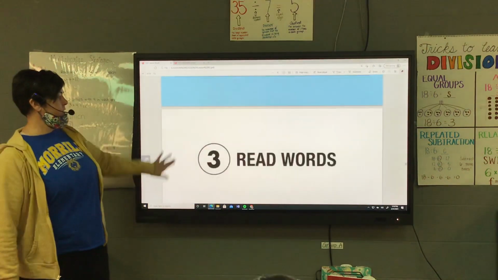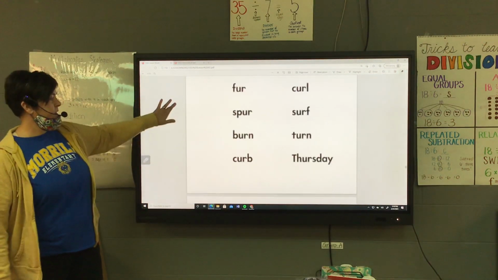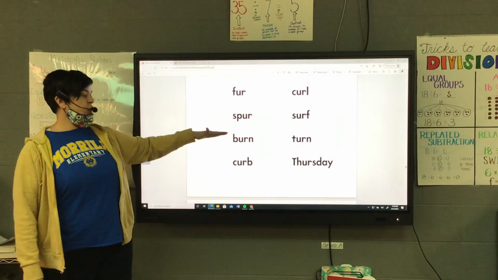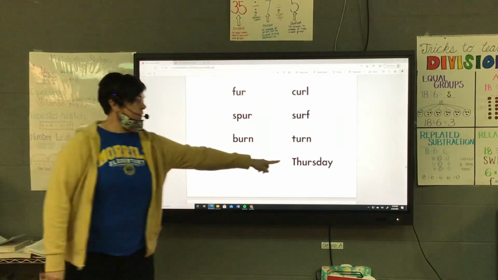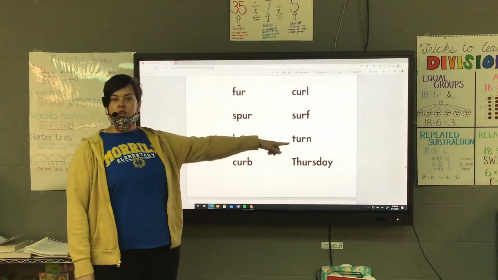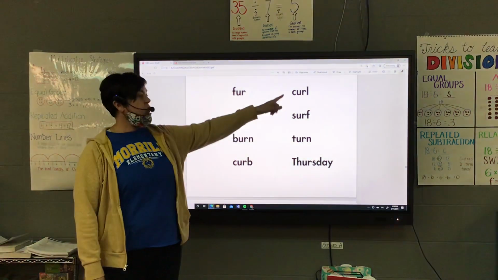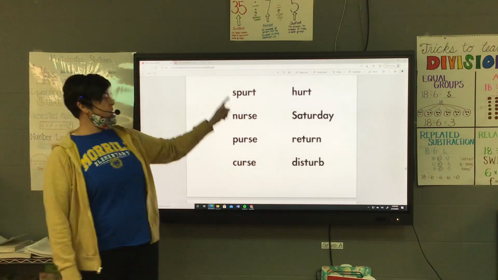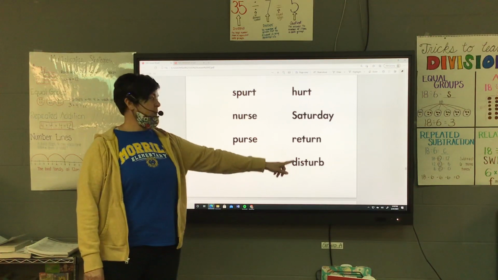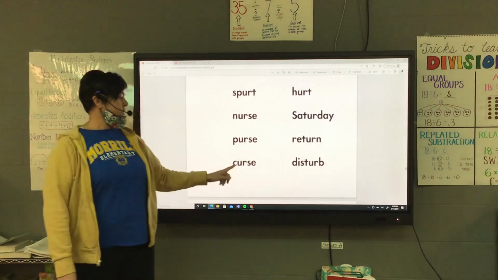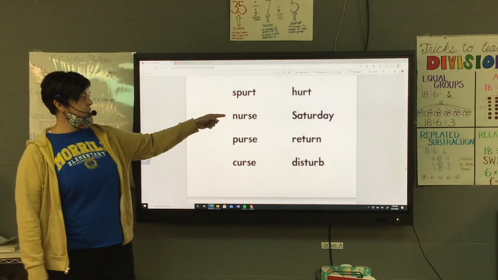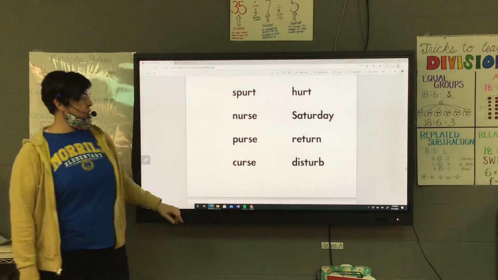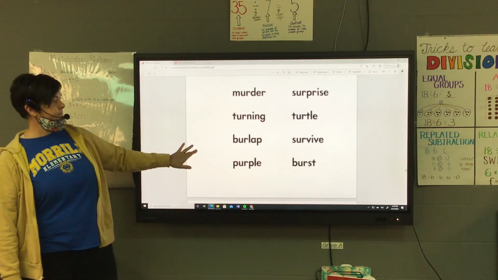Now we're going to read words. Fur, spur, burn, curb. Thursday, turn, serve, curl. Spurt, disturb, return, curse, nurse, hurt, Saturday, purse.